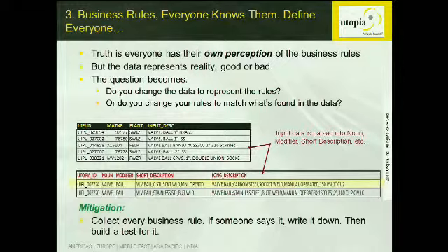And so, if someone states a rule, write it down. Because once you write that rule down, you can develop a rule to test it when you're migrating the data. So the key here is if anyone says, well, the data should be like that, it must be written down. Otherwise, you've got a gap in the information that you're going to be migrating.